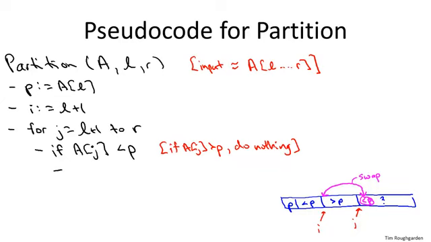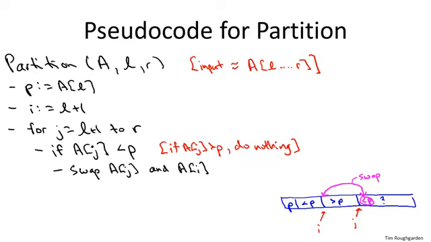Now I am doing something a little sneaky here, I should be honest about, which is there is the case where you haven't yet seen any elements bigger than the pivot. Then you don't actually have a leftmost element bigger than the pivot to swap with. Turns out this code still works. I'll let you verify that, but it does do some redundant swaps. Really, you don't need to do any swaps until you first see some elements bigger than the pivot and then see some elements less than the pivot.